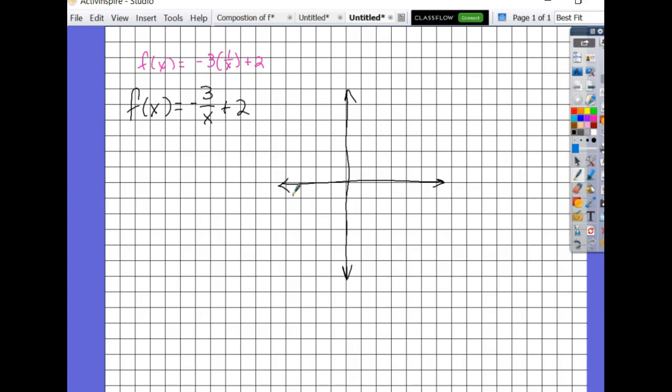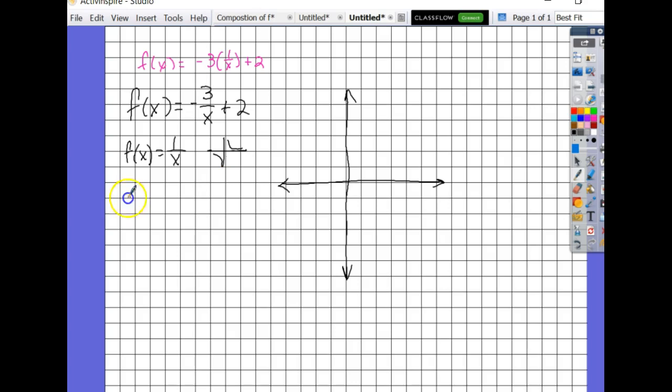Okay, so what's the parent function? It is the reciprocal, so it looks like this. I had one of these on the cards outside. What is the 3? It's a vertical stretch.